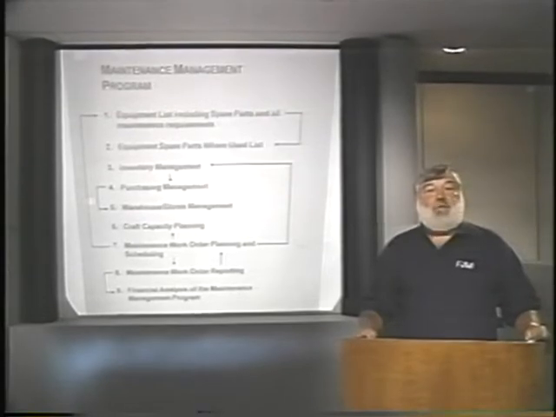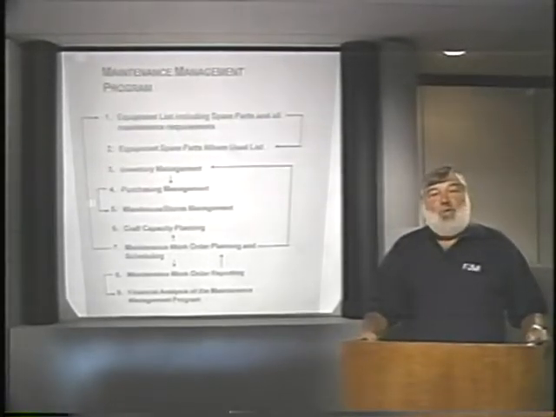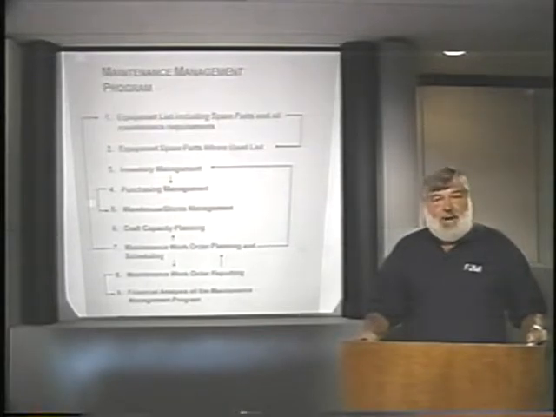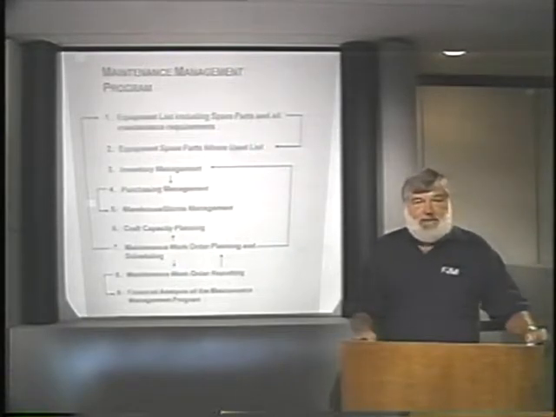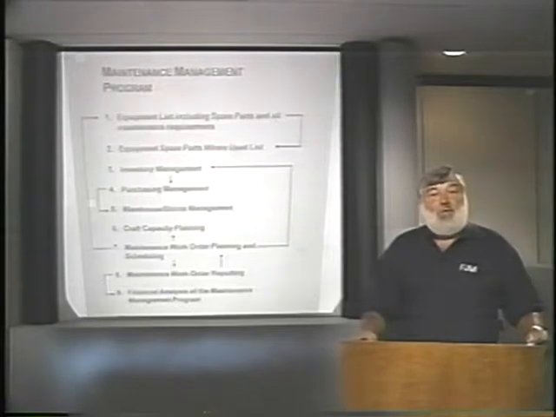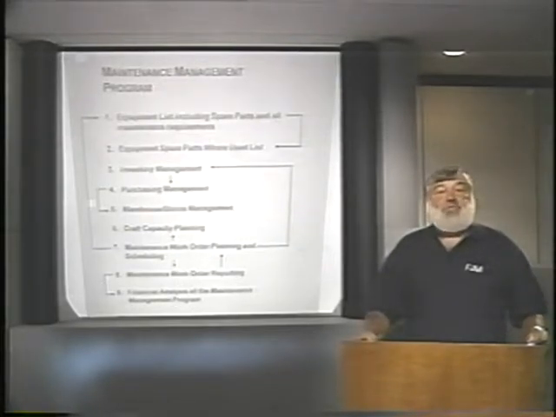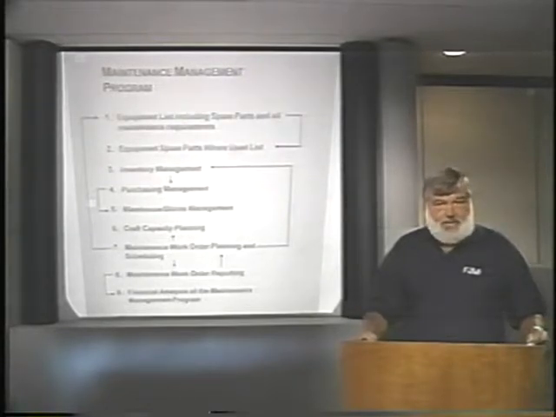That arrow is what the planner scheduler addresses relative to what are the PM requirements for a specific asset. And again, that would include the labor requirements and the spare part requirements. The little arrow coming out of the right-hand side of 1 going to 2 is how the second function, spare parts where used list, is developed.